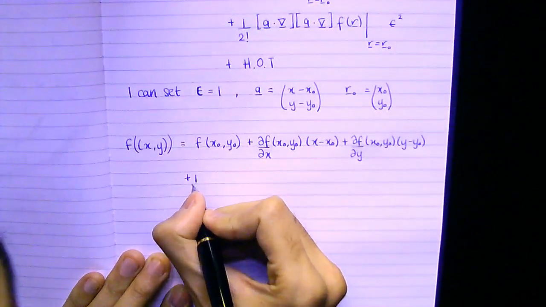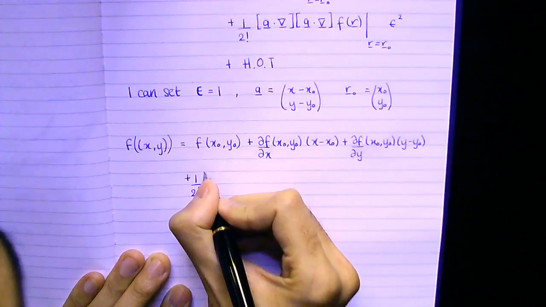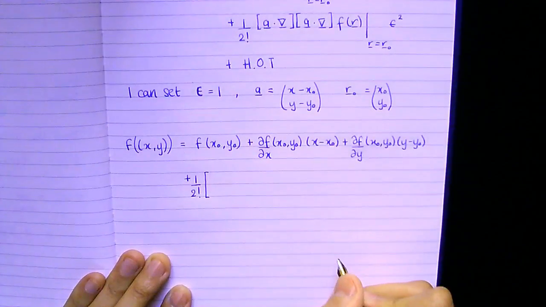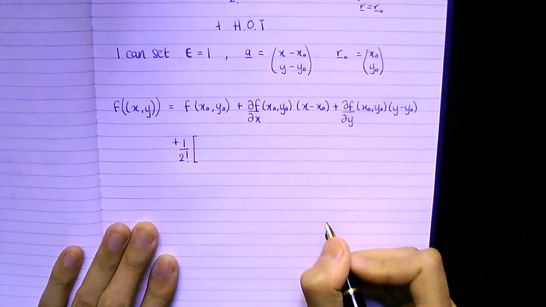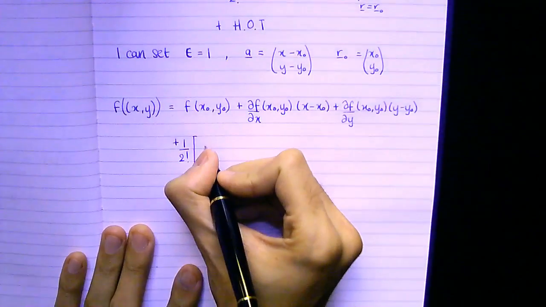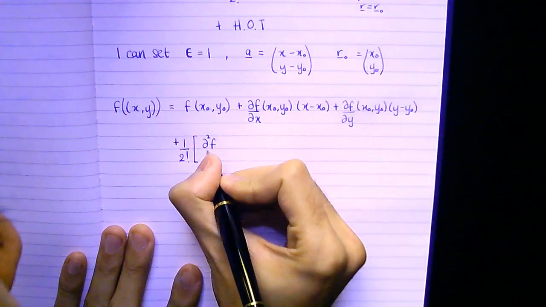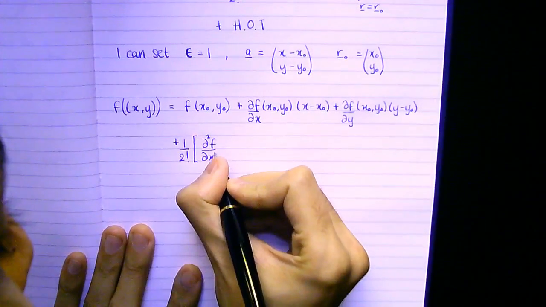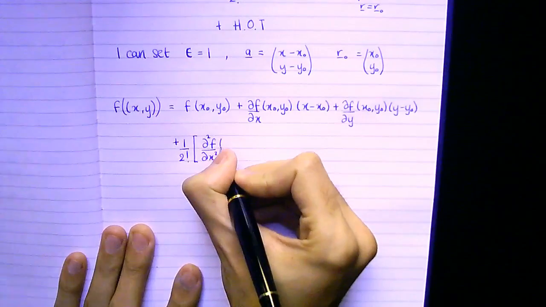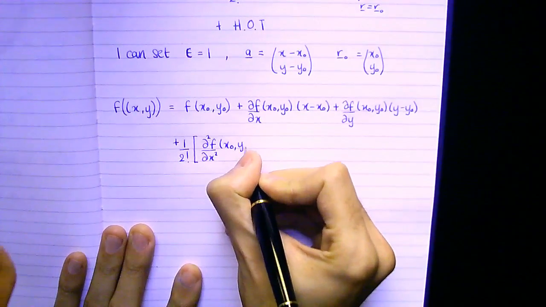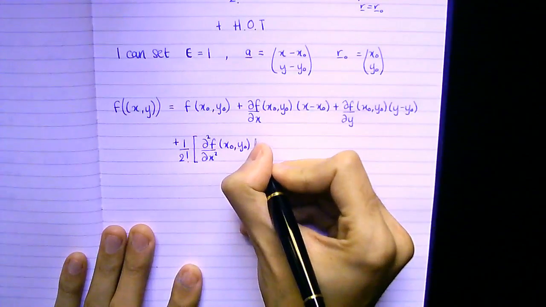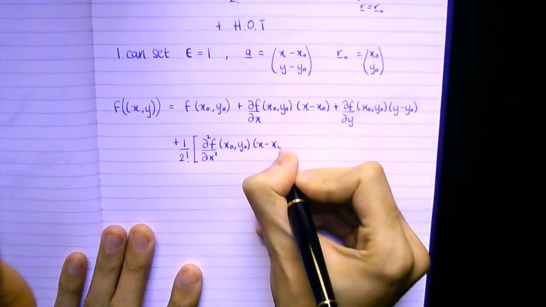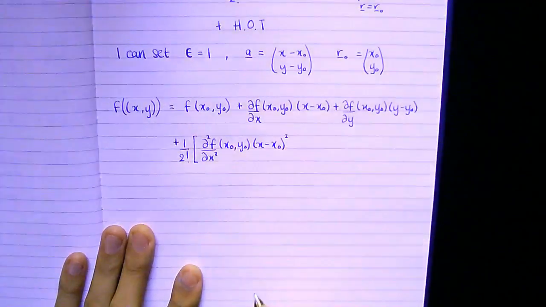This is 1 over 2 factorial multiplied by, so the first term is the second derivative of f with respect to x squared evaluated at x0, y0, and it's multiplied by (x minus x0) squared.